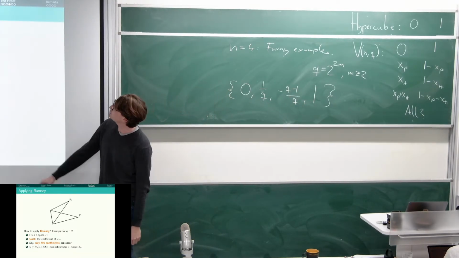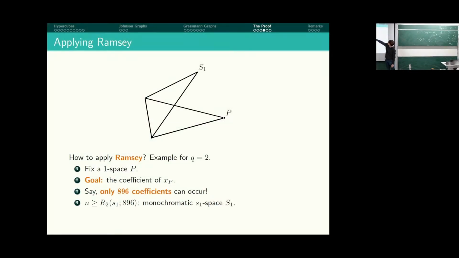So what you want to do is take one of your 1-spaces, which here is a point because I'm thinking projectively, and figure out what is the coefficient of my point here. And we want to show that it's one of these normal coefficients, not some other coefficient.